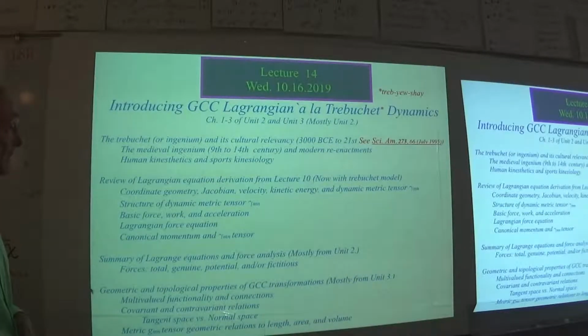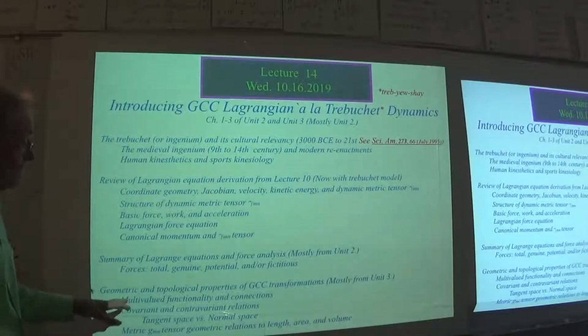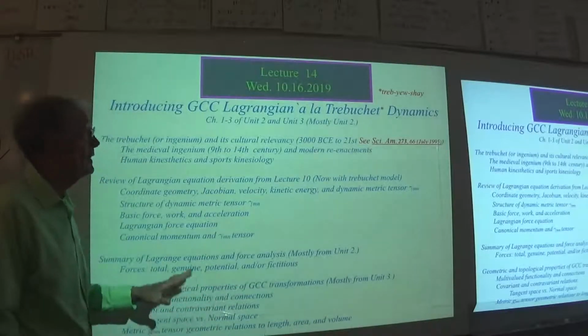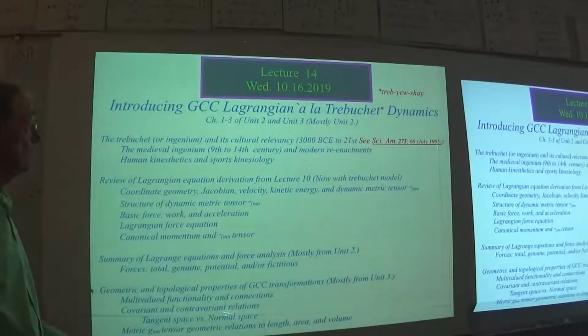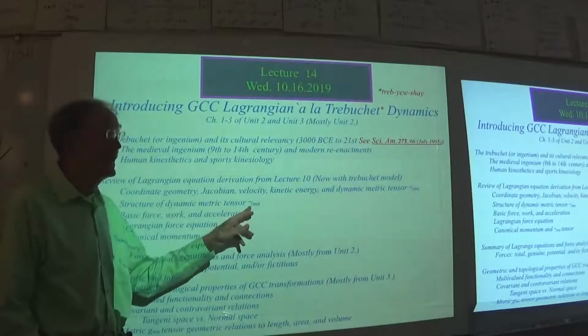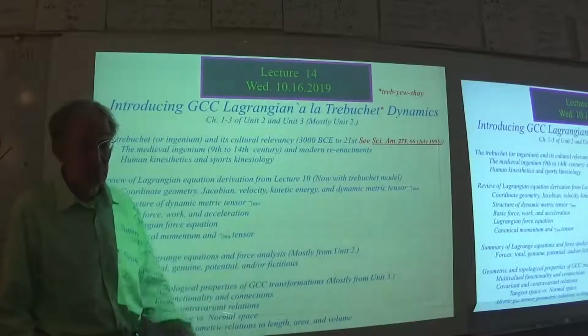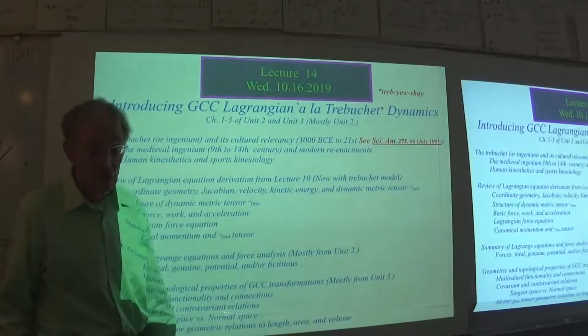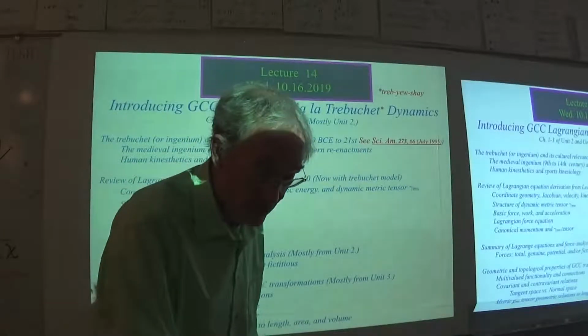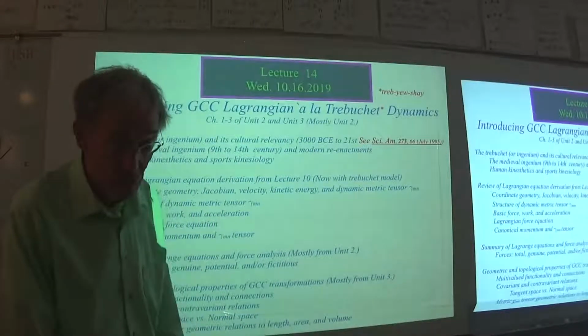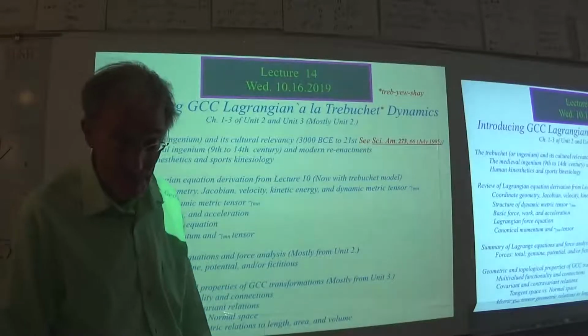So the idea here really is to get into the GCCs, but right at the beginning I'll make that as simple as possible. Now this thing called the kinetic metric tensor, that's the tricky thing that, as far as I can see, you don't find in any of the other textbooks, because most of them don't pay attention to GCC.